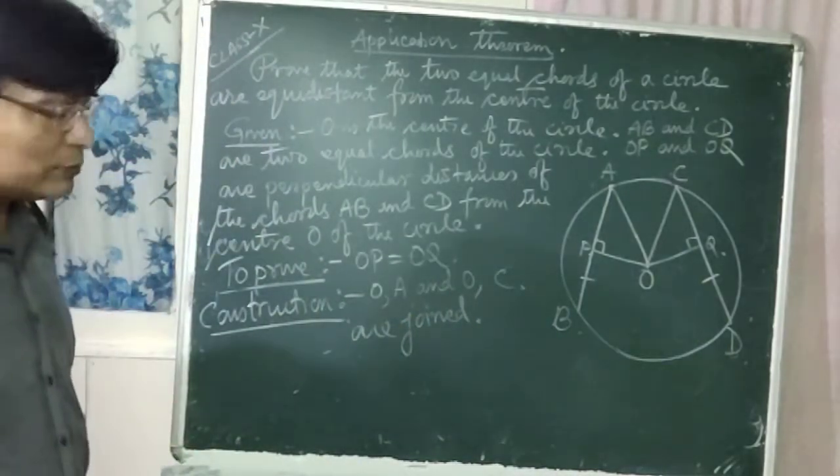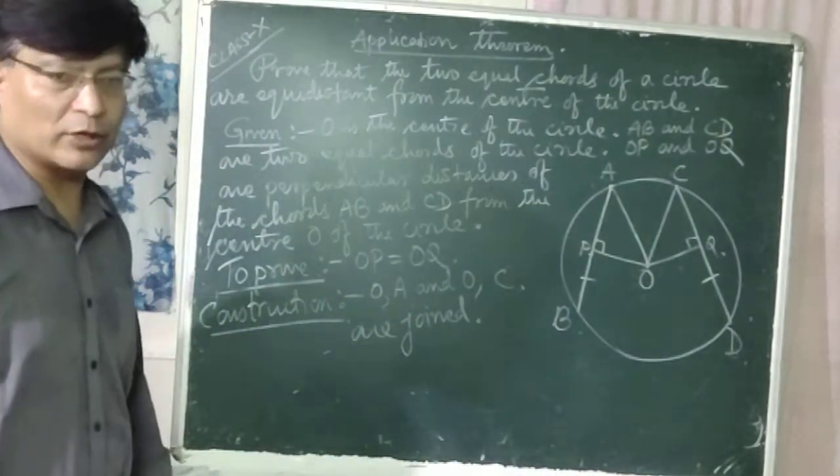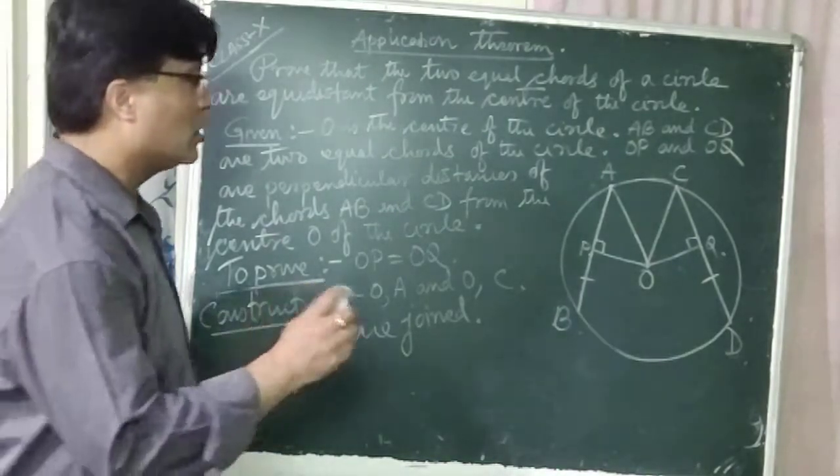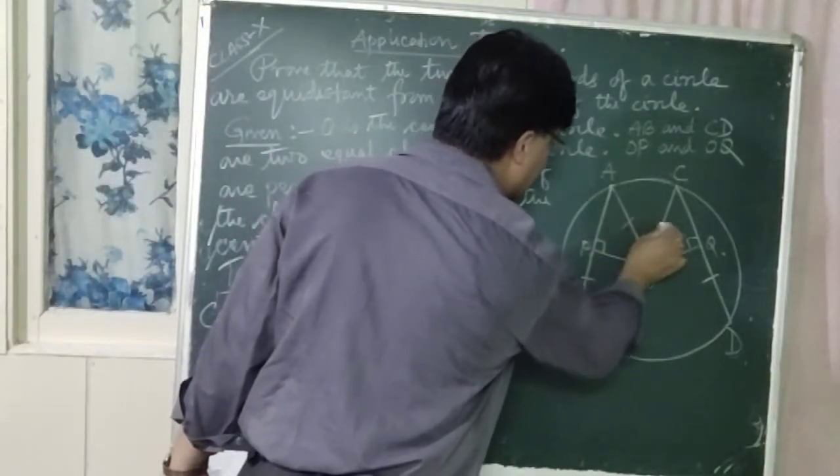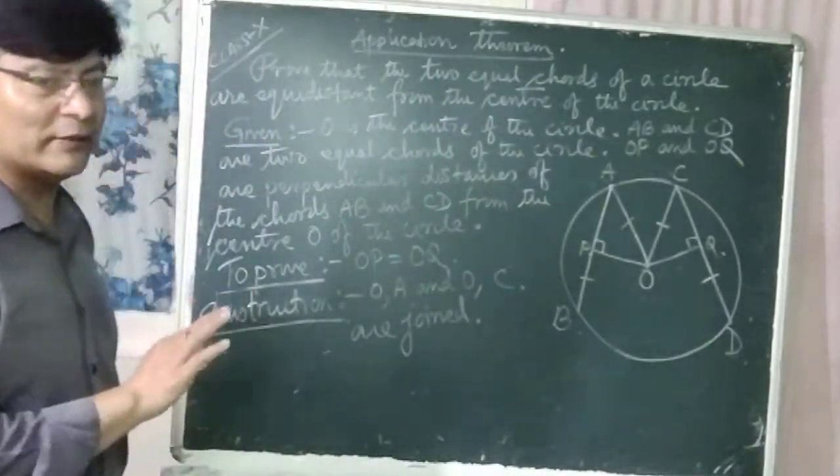O र A जोइन गर्यौं अनि O र C पनि जोइन गर्यौं. बुझ्दैछ नि यो? तर यो चाहिँ के भयो भन्दाखेरि यो दुईटा लेन्थ इक्वल भयो, बीइङ द रेडियस अफ द सेम सर्कल.